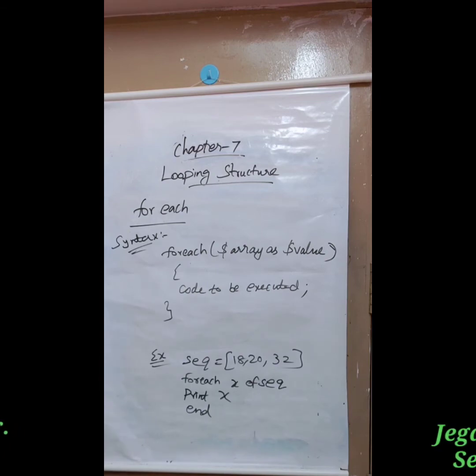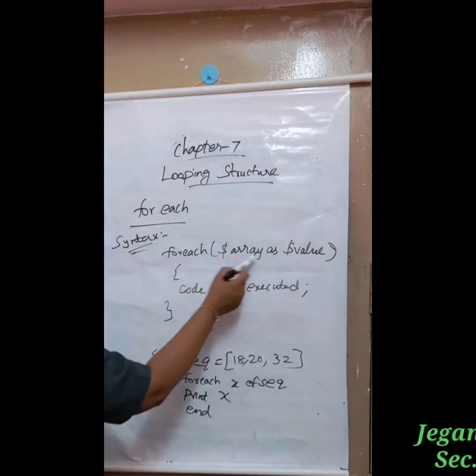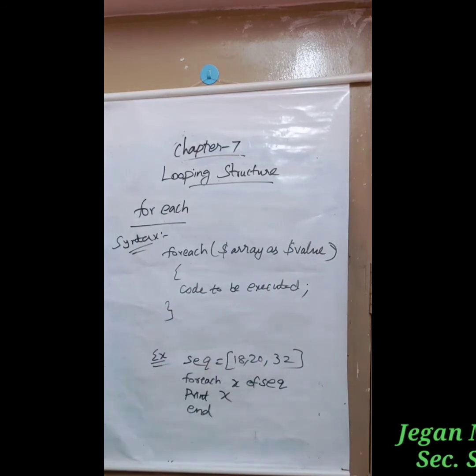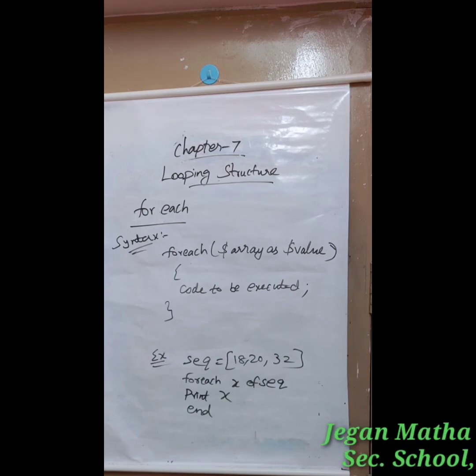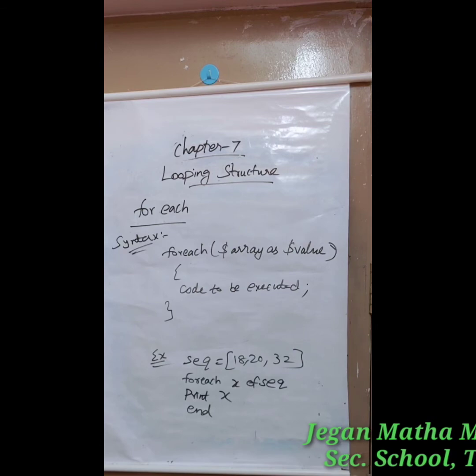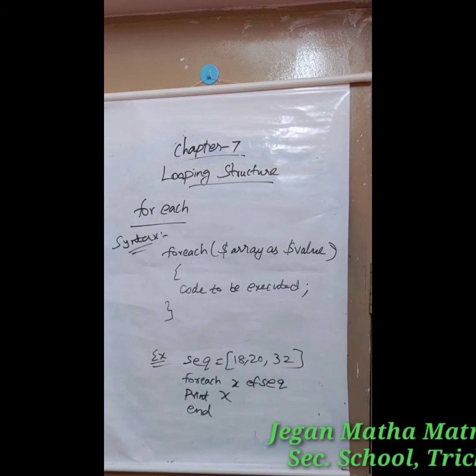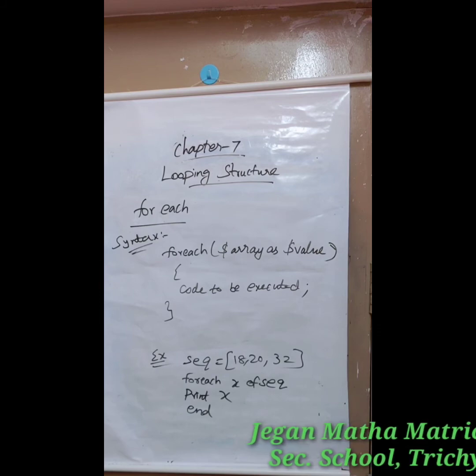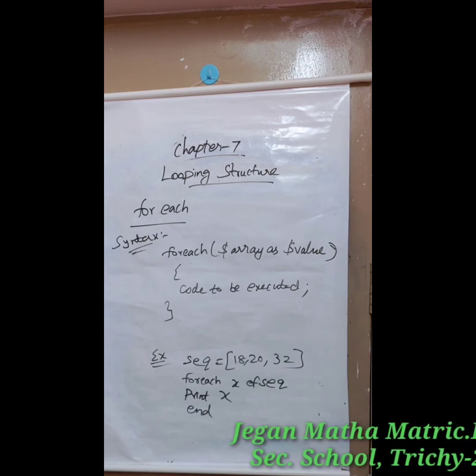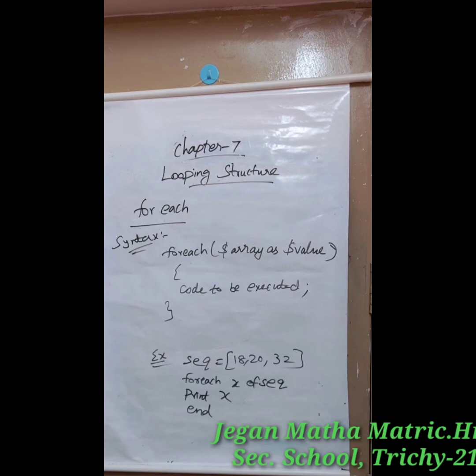Now let us see the syntax: foreach ($array as $value) followed by the code to be executed. The foreach construct provides an easy way to iterate over arrays. Foreach works only on arrays and objects, and it will issue an error when you try to use it on a variable with a different data type or an uninitialized variable.